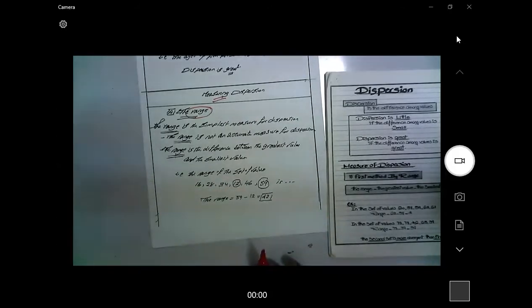The range is the simplest measure for dispersion, but it is not an accurate method for measuring dispersion.